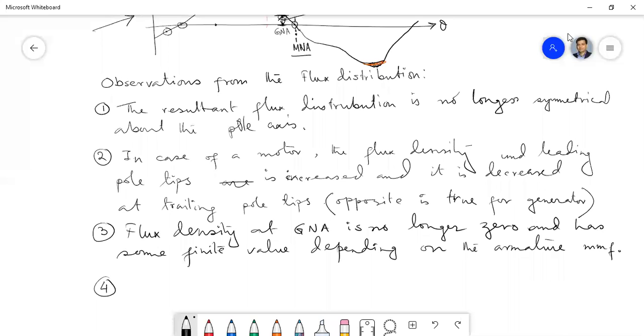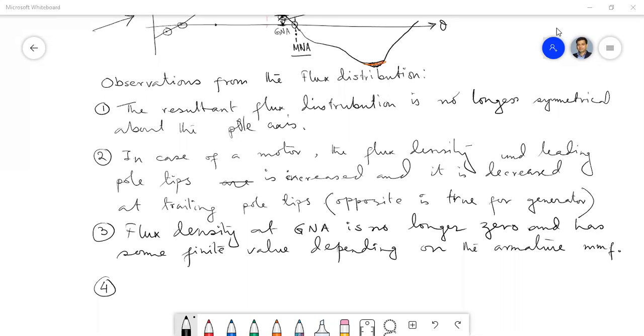So let me ask somebody again. Jyotirindo Sarkar, can you define this MNA? MNA is the point where the flux is 0.